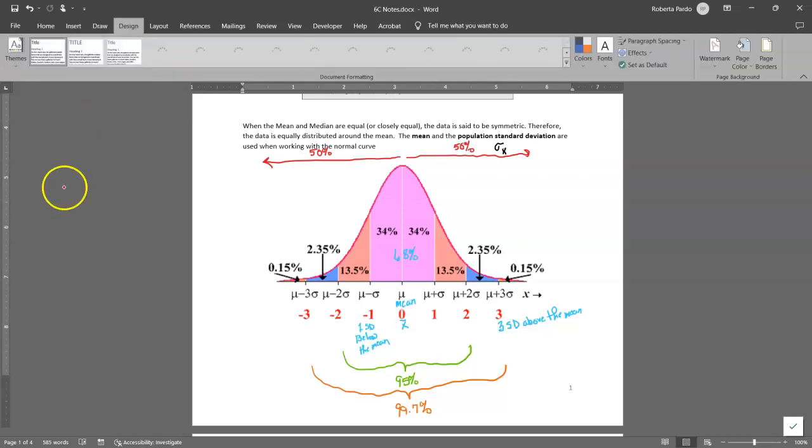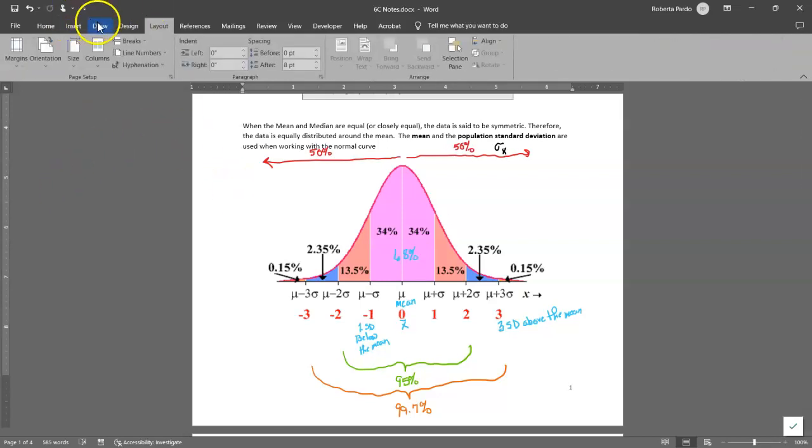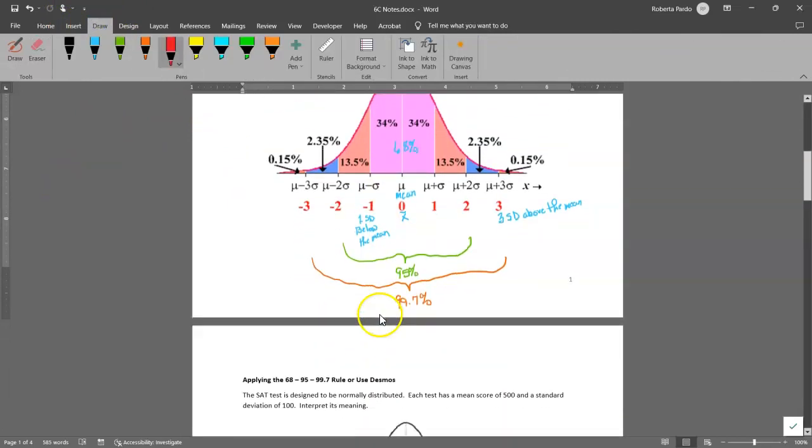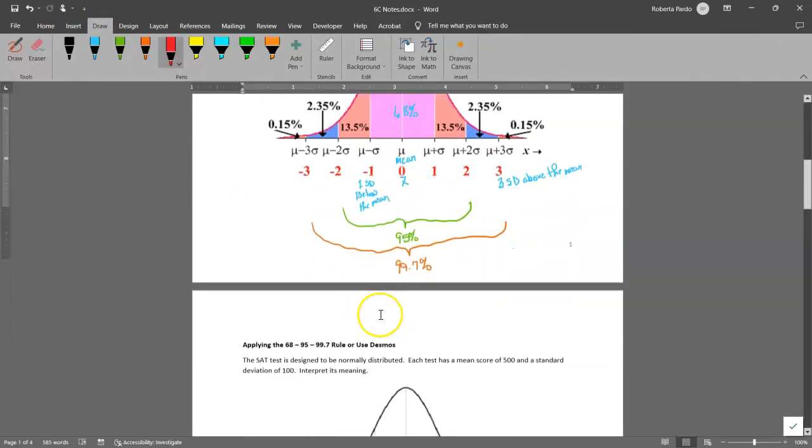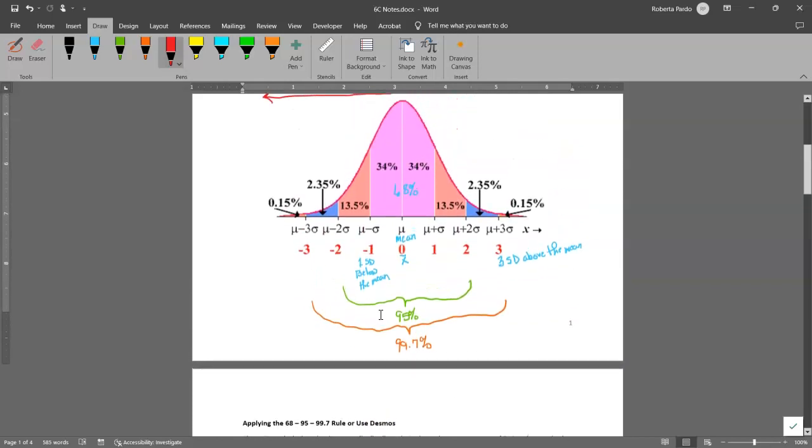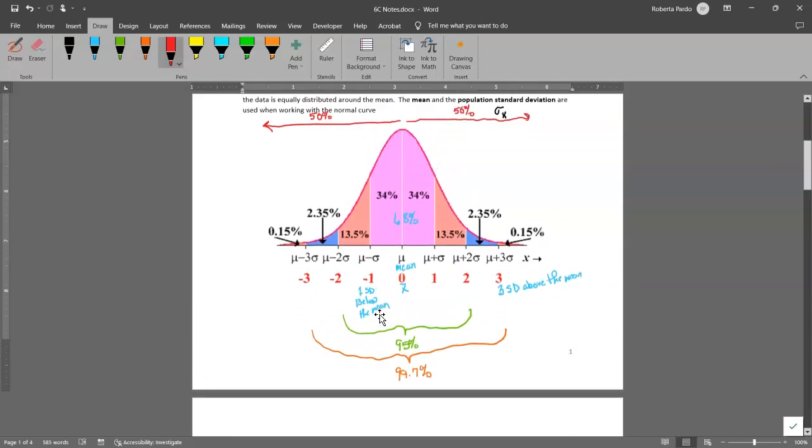Anytime that we're talking about what we consider to be normal is by using this graph. So the other thing to consider is anything within 95% is considered more normal.